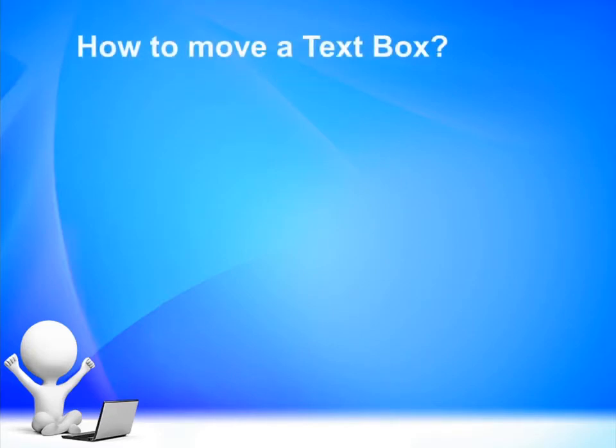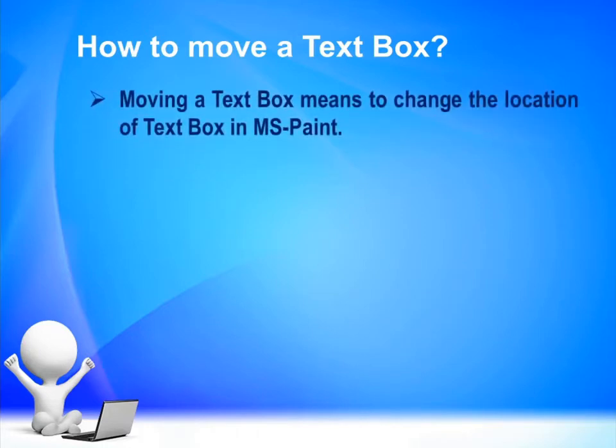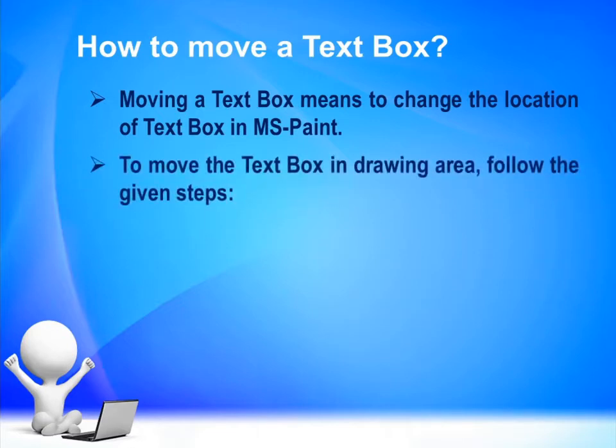Next, how to move a text box. Moving a text box means to change the location of the text box in MS Paint. To move the text box in drawing area, follow the given steps.